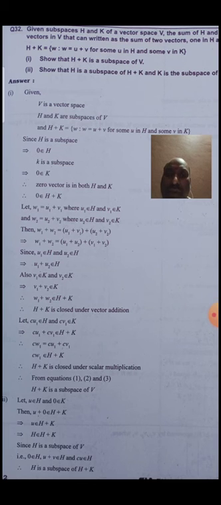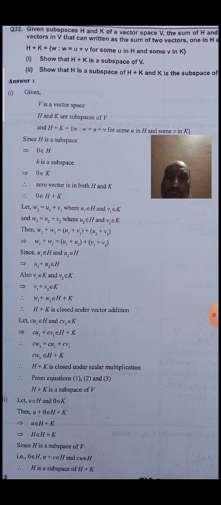Let W1 equal to U1 plus V1, where U1 belongs to H and V1 belongs to K, and W2 equal to U2 plus V2, where U2 belongs to H and V2 belongs to K. Then W1 plus W2 equals U1 plus U2 plus V1 plus V2.